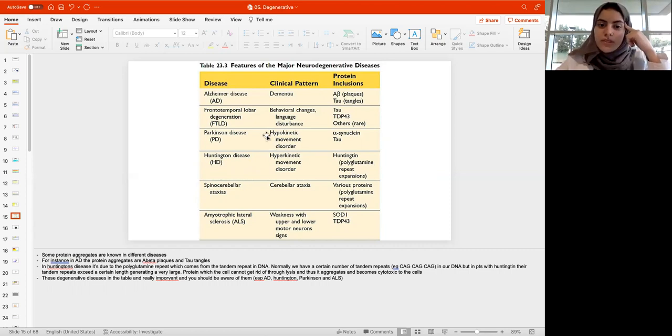A lot of these proteins you'll come across in pathology. The ones mentioned, you should know them. You should associate each disease with its protein. That's important, because as we know, the underlying pathophysiology for most of these diseases is aggregation of these proteins. So you need to know what the protein is.